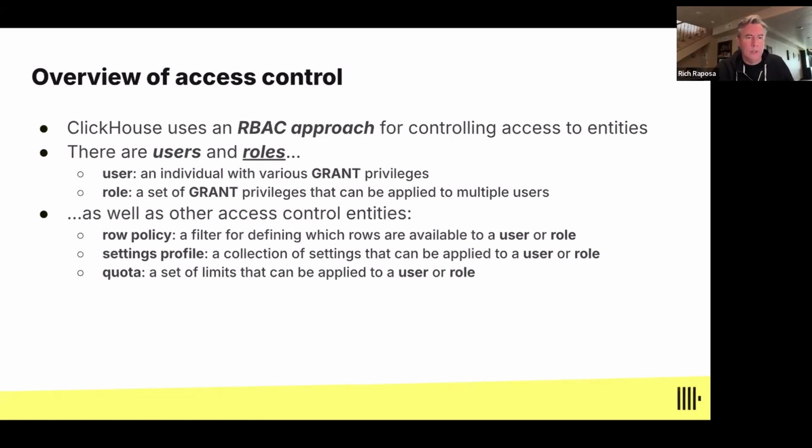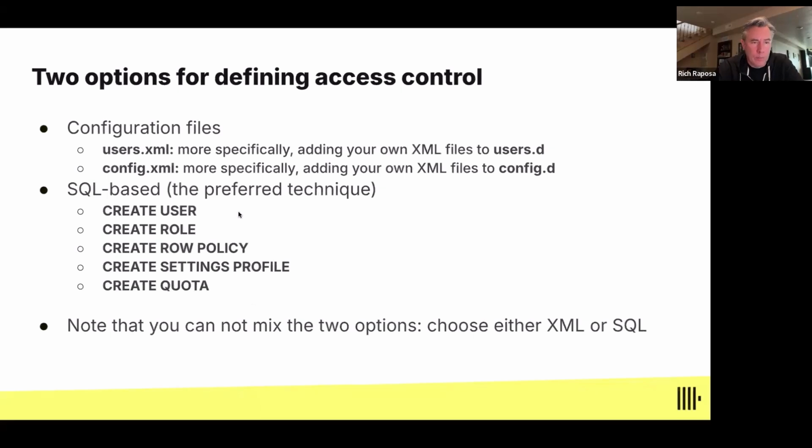You create users and roles, the role has privileges, and you assign a user to a role or multiple roles. There are other role policies too. You can define something called a settings profile, which I kind of just showed you, but I'll show you it again. And the nice little quota things. I should show you some of these.